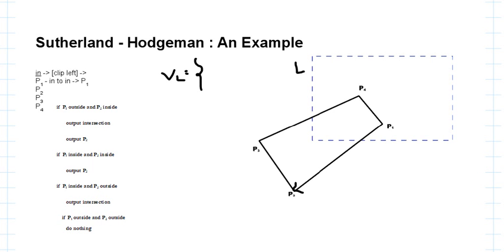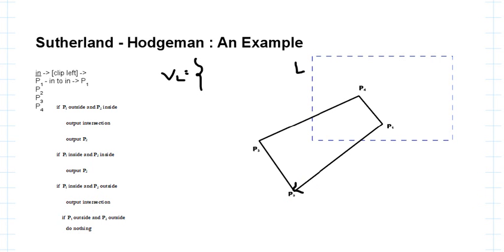Now among these four conditions, just look for a while which condition is being satisfied. If you look carefully, you can find that this third condition is the condition which you need to follow. Here what happens? P1 is inside and P2 is outside. That means you need to include the intersection point.